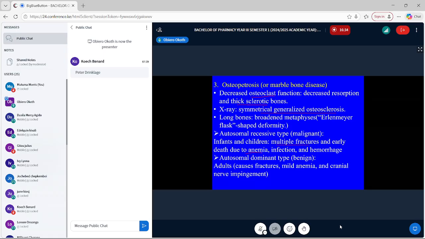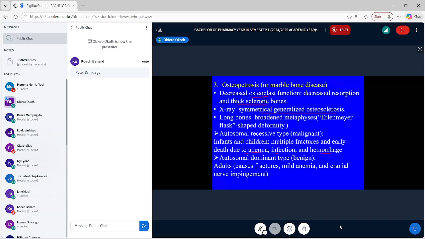They'll have early death due to anemia because here now the trabecular bone is not formed. Only the thick bone is laid, so the bone marrow is very little. They'll have infections because they're not forming neutrophils, anemia because they're not forming red cells, and hemorrhage because platelets are not formed.